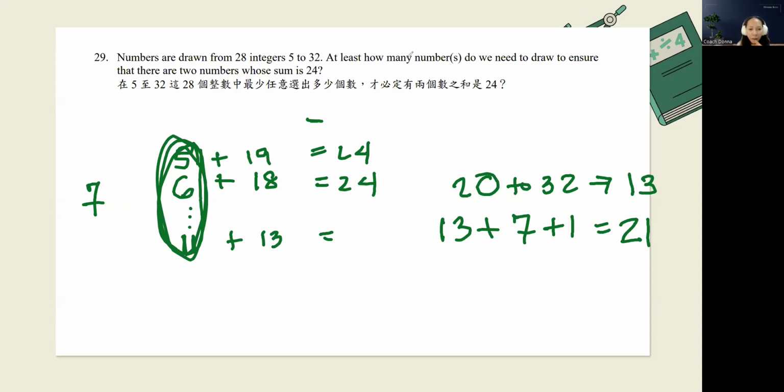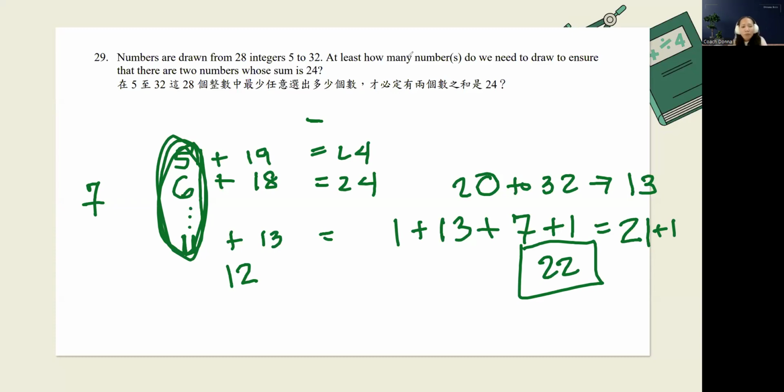So the worst case scenario is drawing 21 without two numbers whose sum is 24. But we have the 12, okay? We haven't counted the 12 yet. So make sure that you count it also. So that's a total of 22. There are 22 draws that you need before you can be sure that you will surely get a sum of 24. Okay, so that's it for 29.